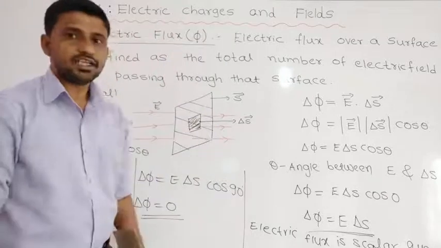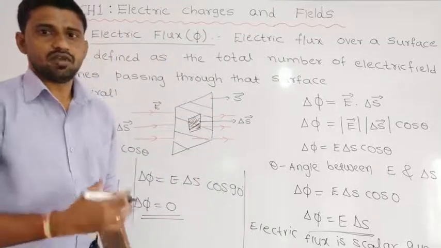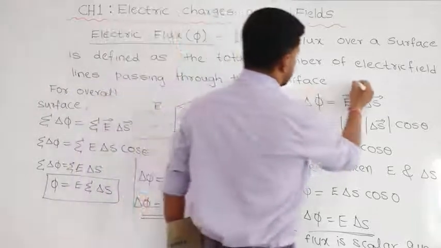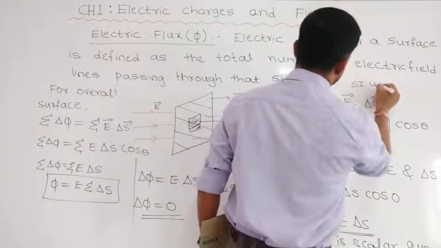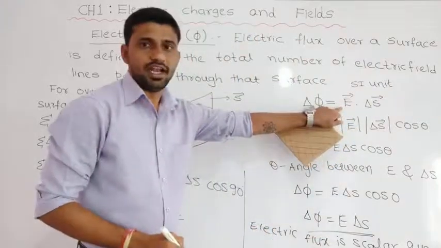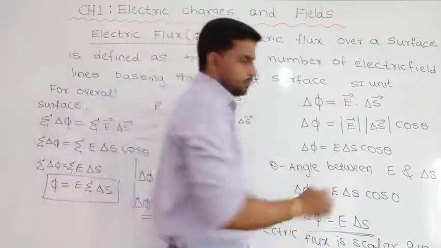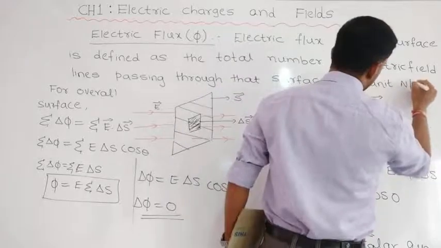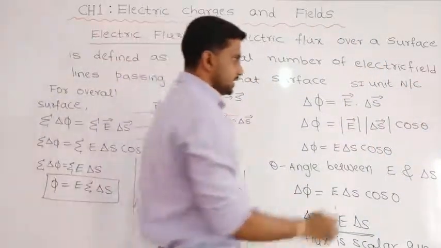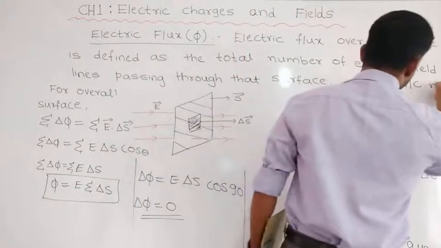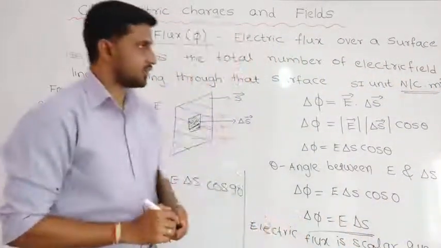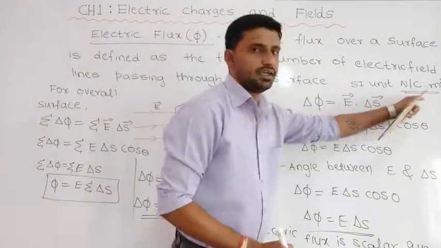And what is the SI unit of electric flux? We know that the SI unit of electric field is Newton per Coulomb, and the SI unit of surface area is meter square. So the SI unit of electric flux is Newton per Coulomb meter square.